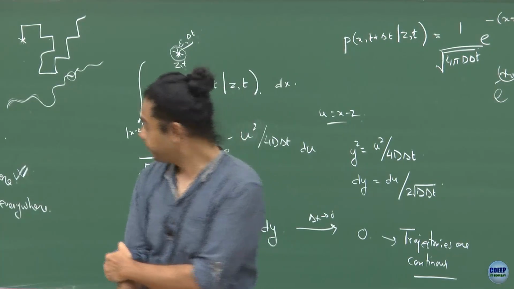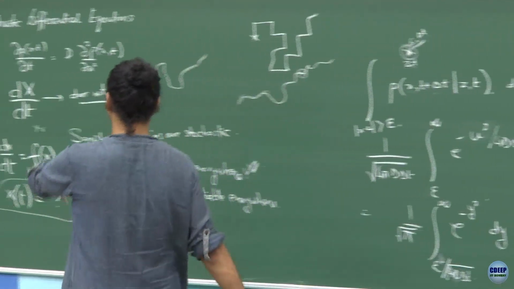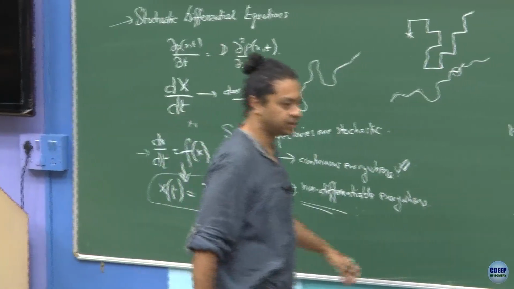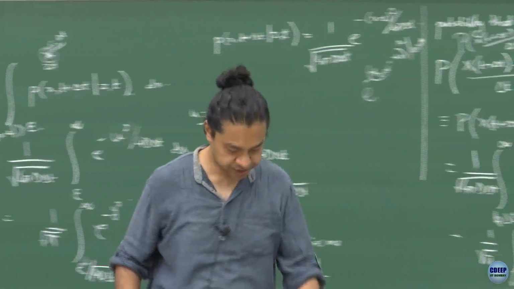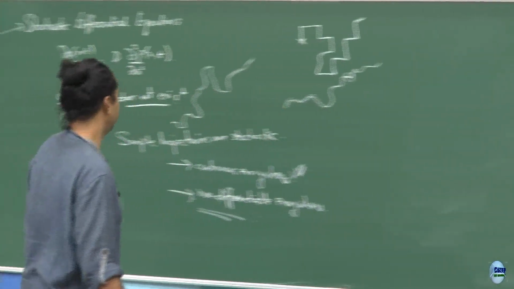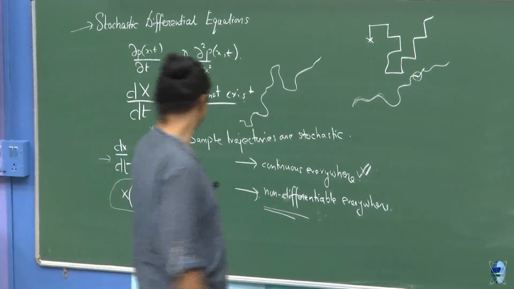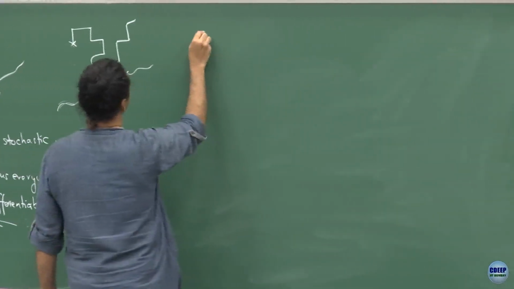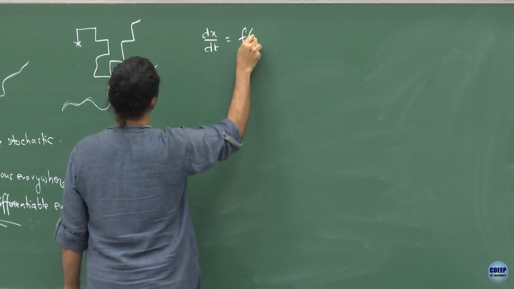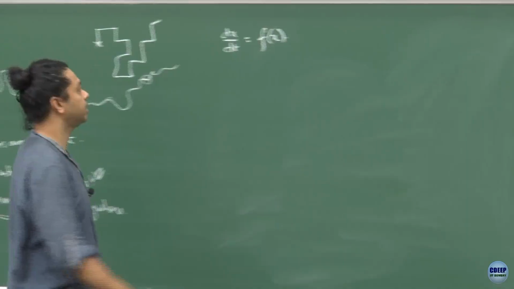Okay, so that is what we will try to do. Although dx/dt does not exist, we will try to write down some analog of these ordinary differential equations. So, let us just recap what we do in an ordinary differential equation. I start with something like dx/dt, some evolution equation, equal to f(x).